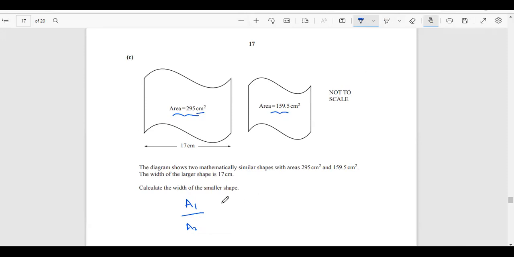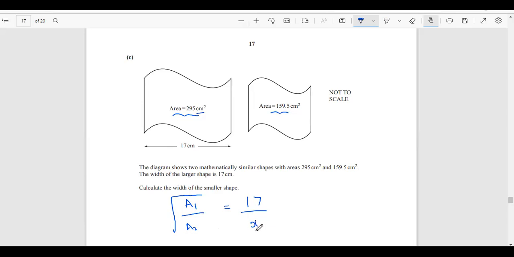Since this is the area, I would be taking the square root. So I'll take the square root of this. This value would give me the fraction of the bigger triangle to the smaller triangle, so this would be equal to 17 divided by x.